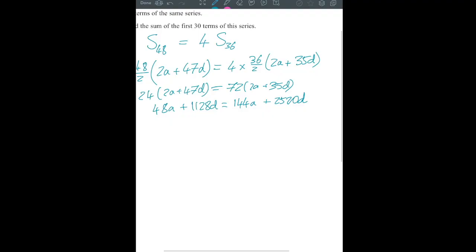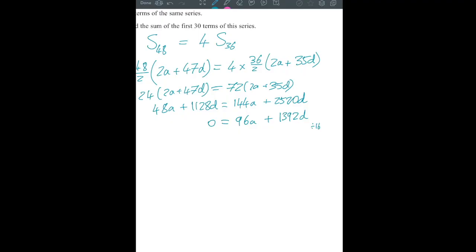Let's move everything to the same side. So subtract: 144, subtract the 48a's, 96a. There surely is some kind of common factor going on here. 1392d. Common factor of those, is 16 a common factor? It is.